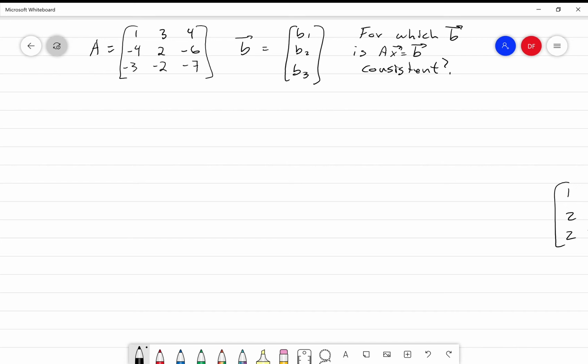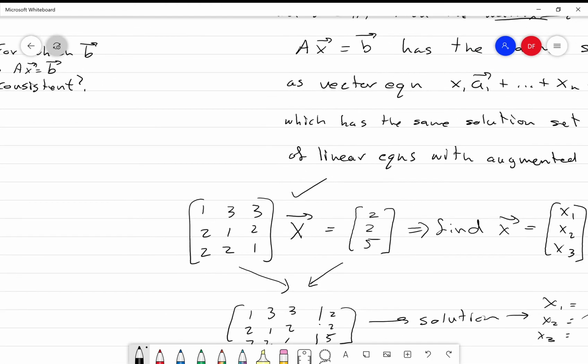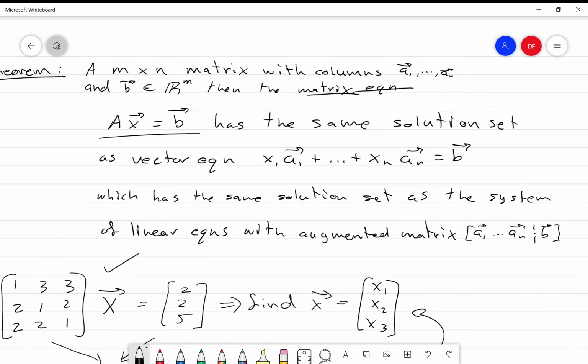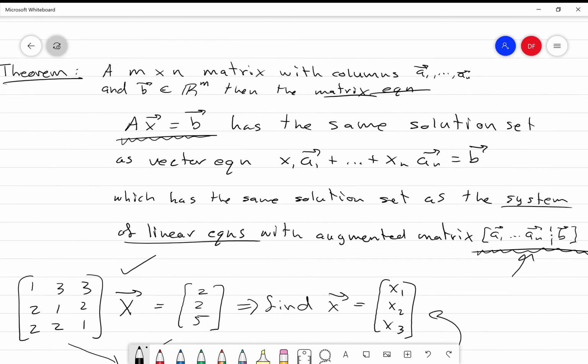Well, you should know from the previous theorem that for this to be consistent, this needs to be consistent. Okay, so for this matrix equation to be consistent, this augmented matrix needs to be row equivalent to a matrix which shows you that the system of linear equations represented by this augmented matrix is consistent, which means that it has at least one solution.